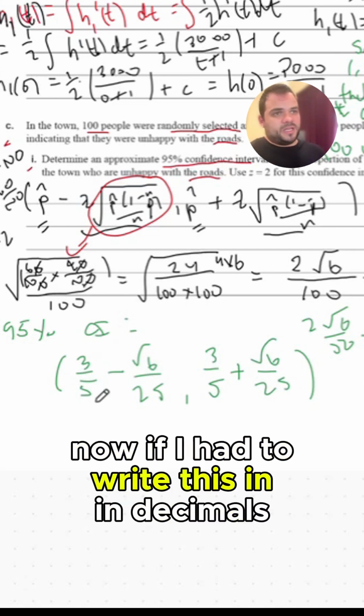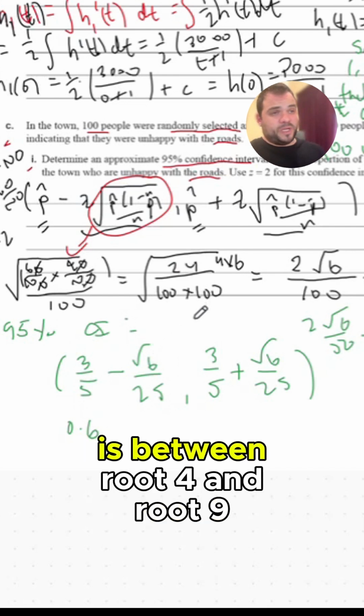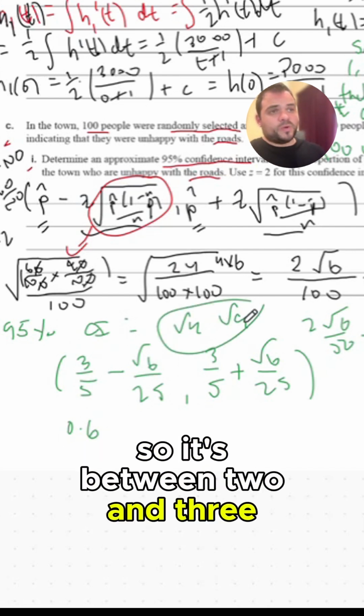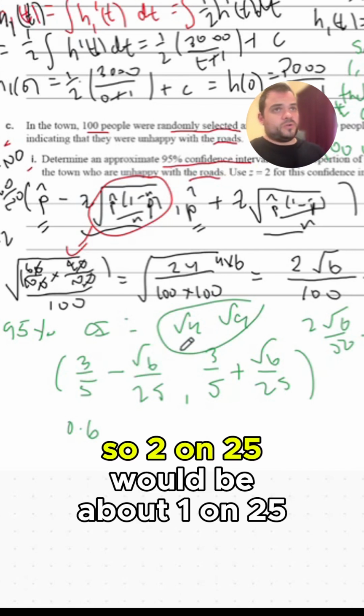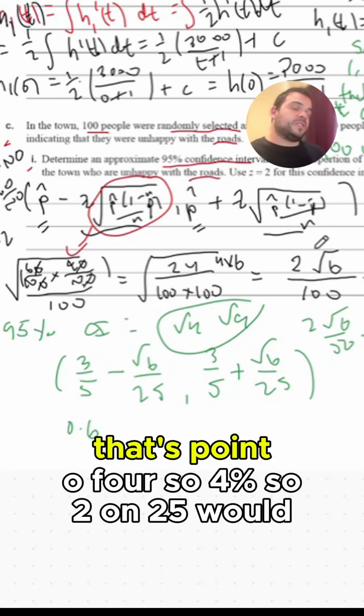Now, if I had to write this in decimals, this would be like 0.6. Root 6 is between root 4 and root 9. So it's between 2 and 3. So 1 on 25 is 1/25th, that's 0.04, so 4%.